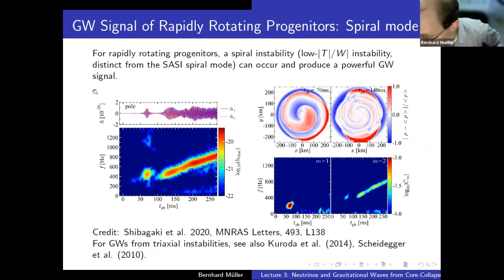Okay. Hello, Bernhard. Yes. I got a question. So in your calculation today, the deformation you have considered is due to fast rotation, right? Is there any possibility that the oblateness might be occurring due to the strength of the magnetic field?